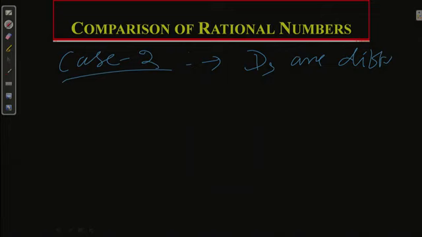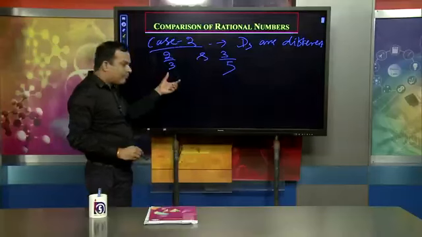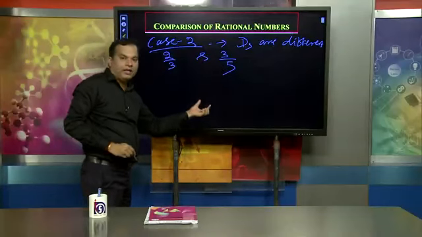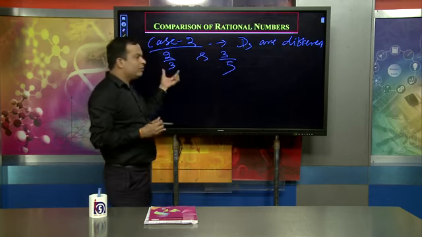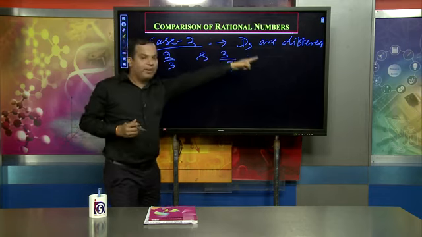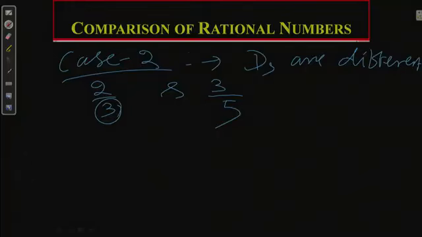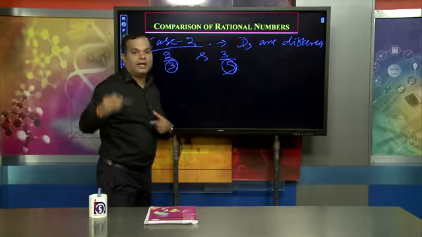For example, suppose we would like to compare 2 by 3 and 3 by 5. Which is more? 2 by 3 बड़ा है कि 3 by 5 बड़ा है? Here in case 2 both denominators are different. 3 and 5 अलग अलग है, different है.